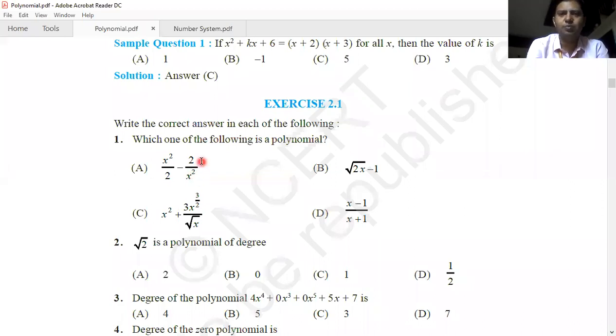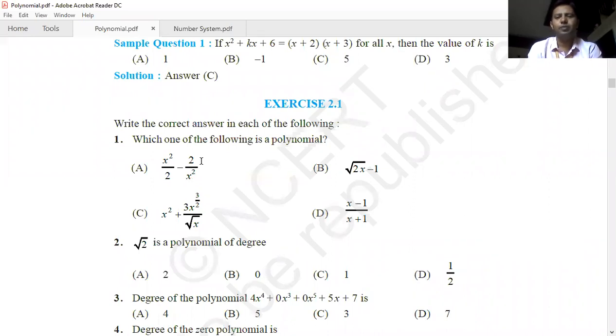And we know that in the polynomial, the power of variables should not be in the form of negative or fraction numbers. It should be a whole number, that is 0, 1, 2, 3, 4, 5, neither negative nor in the form of fraction or rational. So A is not the polynomial.